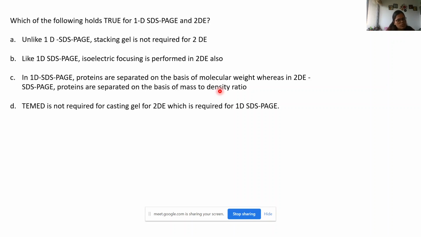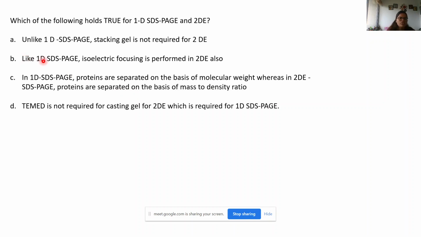Can I have some response here? I have already mentioned that in two-dimensional you are using isoelectric focusing, and another is the SDS-PAGE. So that is the two dimensions. So it is not based upon mass to density ratio. So even this is not correct.